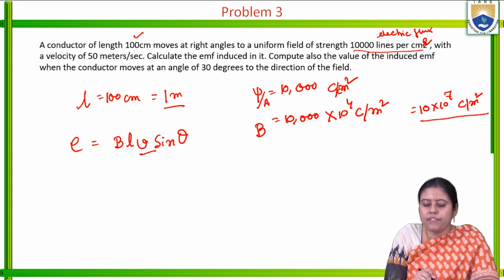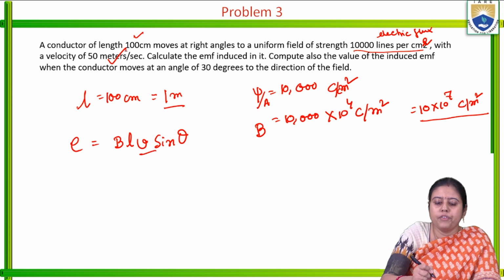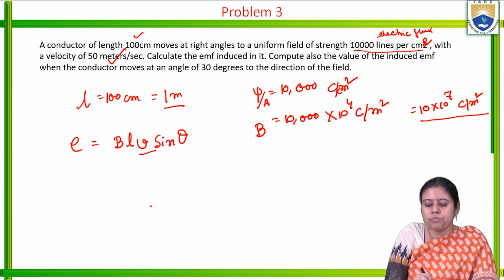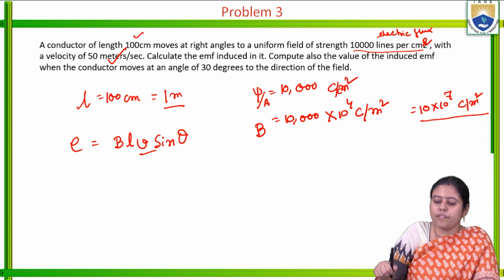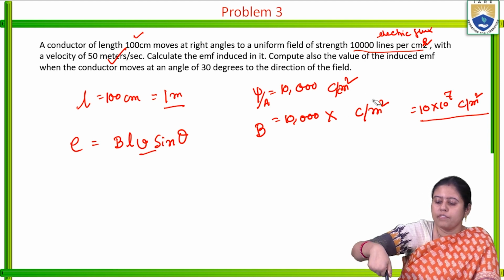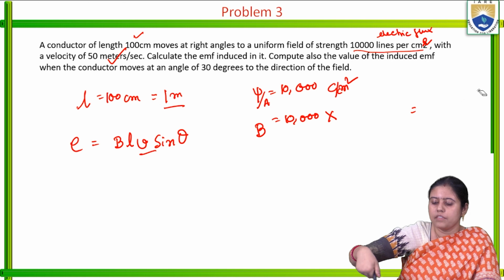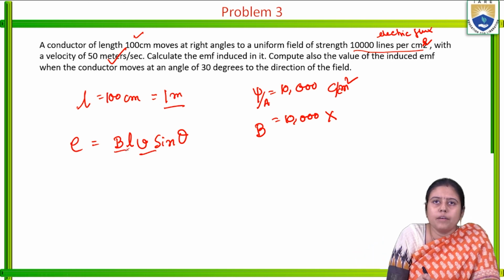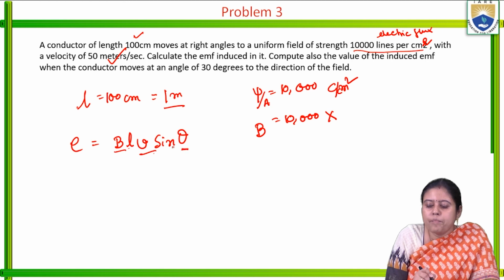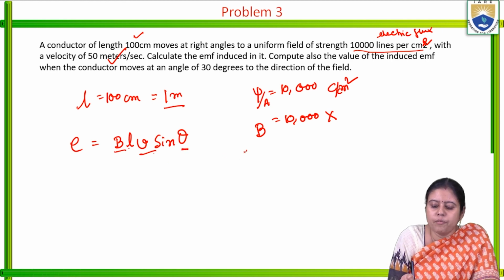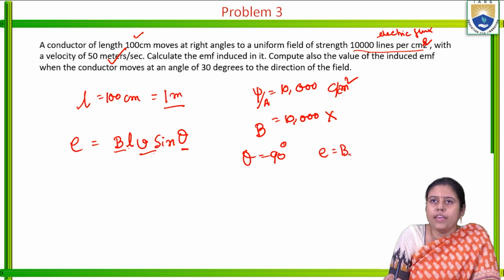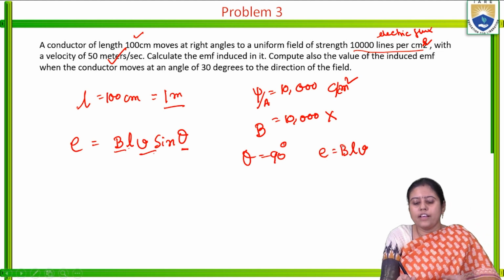V value is given in the problem: 50 meters per second. If we get the value of B, we get the value of E. When theta is equal to 90 degrees, E will be maximum, BLV. So this is case 1.